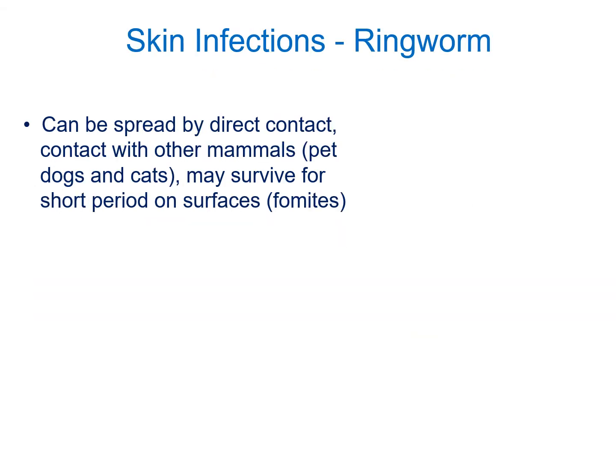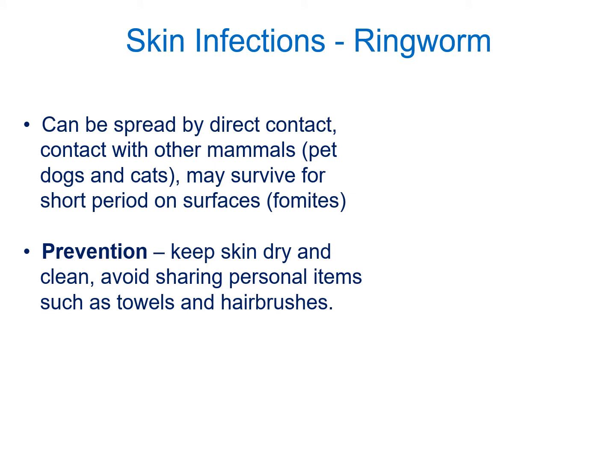So again, it's important to note that fungal infections can be spread by direct contact and they can be spread through fomites. In some cases, there are some fungi that cause infections on pets, like dogs and cats, that can be spread to humans as well.